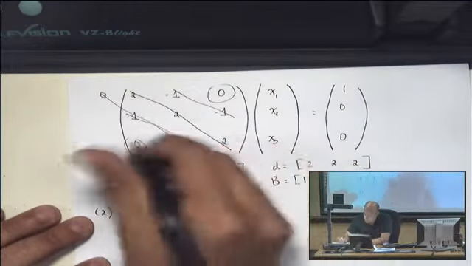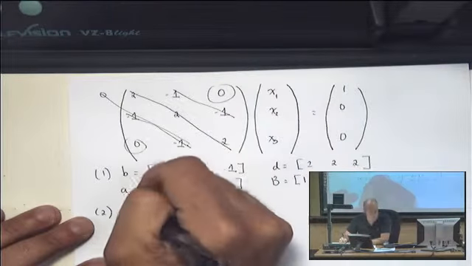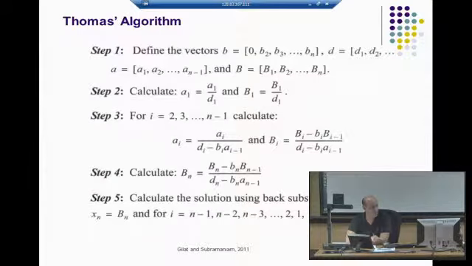So step 2 is to normalize that first row. If you go back to the algorithm, and hopefully you printed this out, step 2 says calculate A1 equal to a1 divided by d1, and B1 equal to B1 divided by little d1.